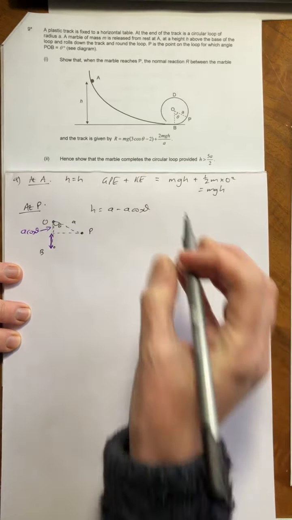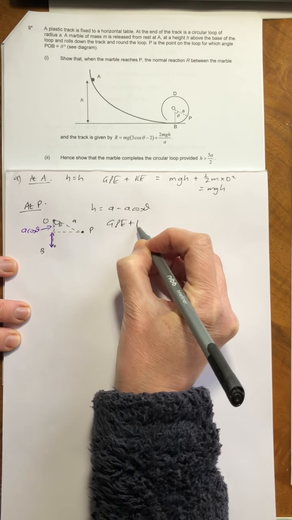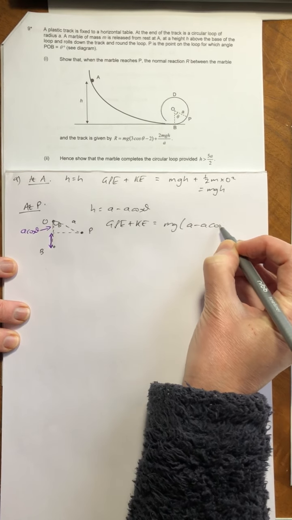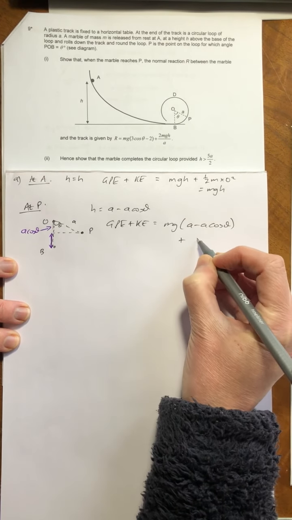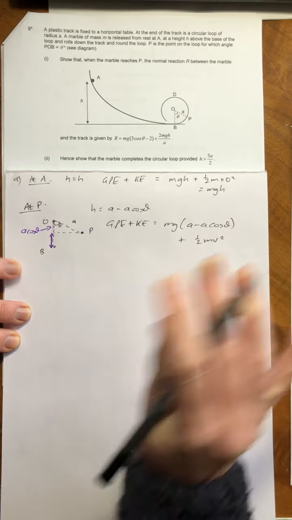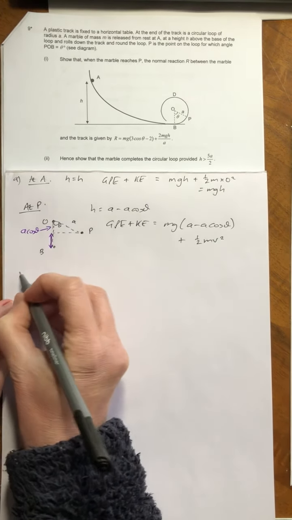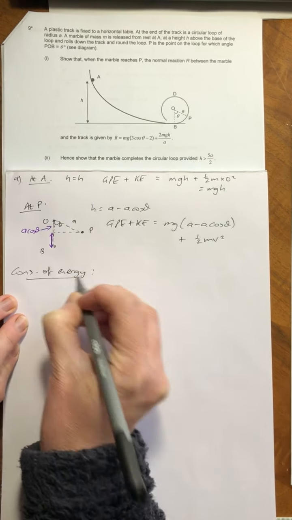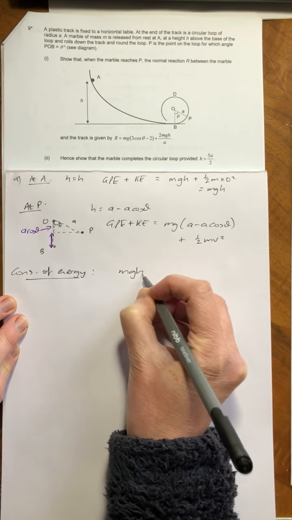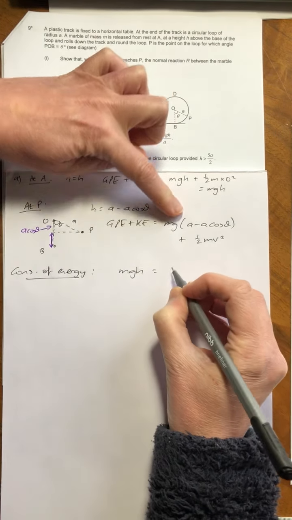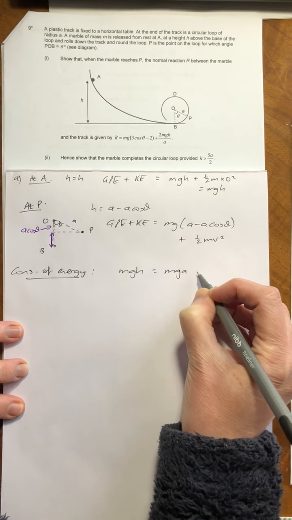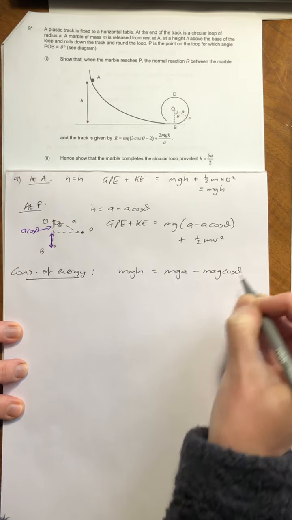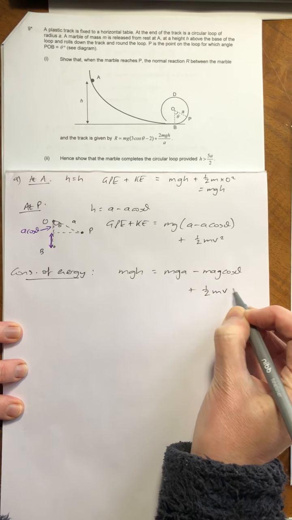So that makes my total energies mg multiplied by that distance plus my kinetic energy, a half mv squared. So by conservation of energy, I'm going to equate those two. We have mgh equaling, I'm going to expand this bracket, mga minus mga cos theta, sorry, written the wrong way around, plus a half mv squared.